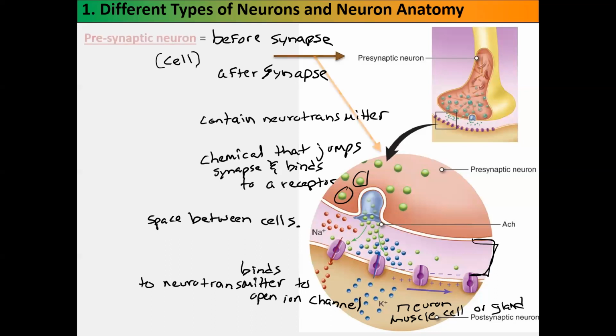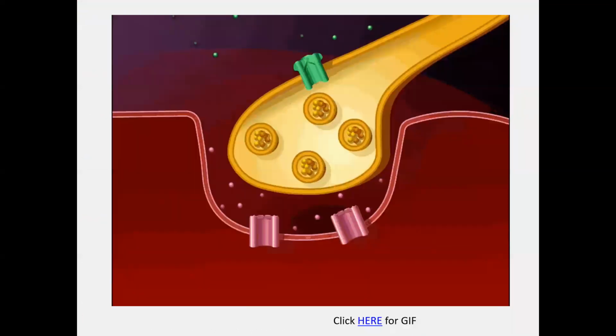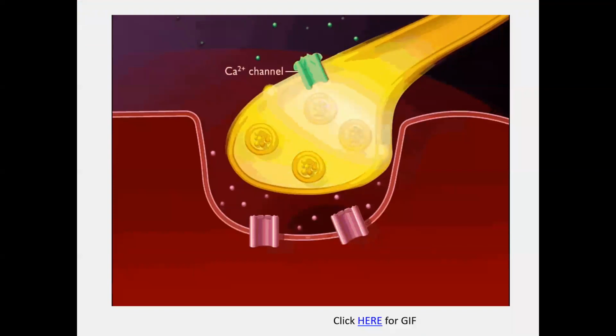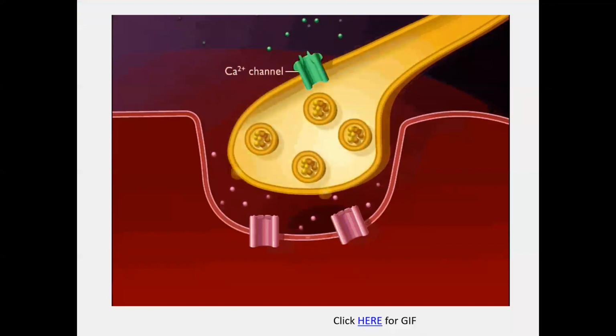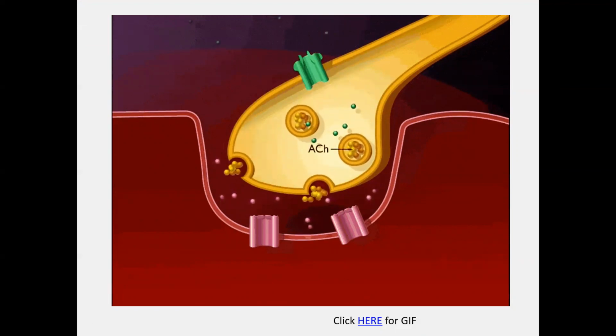So we had covered all this vocab. And then I had this GIF, which we'd seen before. It's very slow. I don't have my laser pointer up yet, but this is review. The action potential came down the neuron to the synaptic knob, and then that caused the release of vesicles containing a neurotransmitter, in this case, acetylcholine.